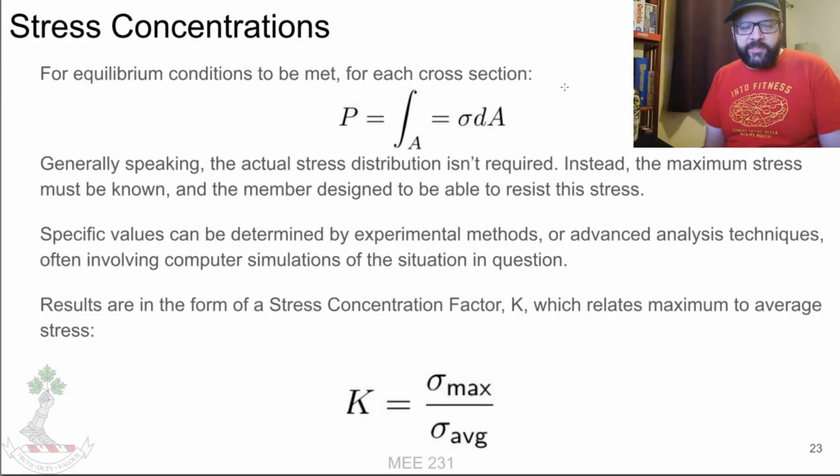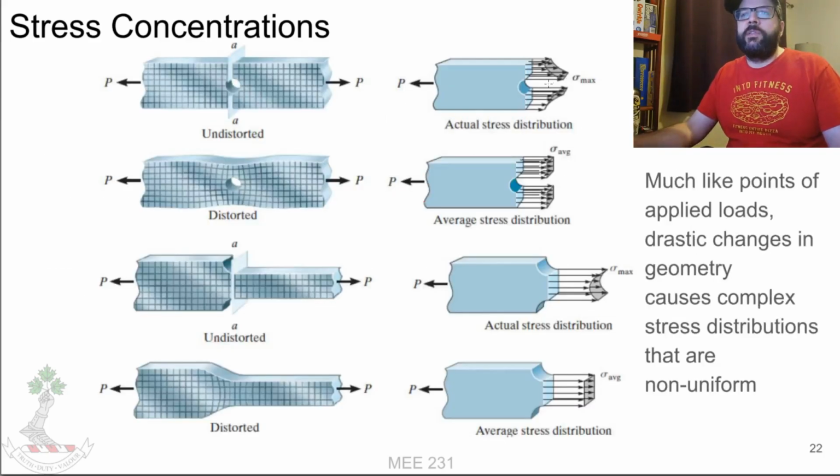We can figure out specific values with experimental methods, advanced analysis techniques, complex simulations of the situation in question using finite element analysis or what have you. And we tend to get what we call a stress concentration factor. This relates the maximum stress seen to the average stress, so this amount compared to what it would be if it was just averaged out.